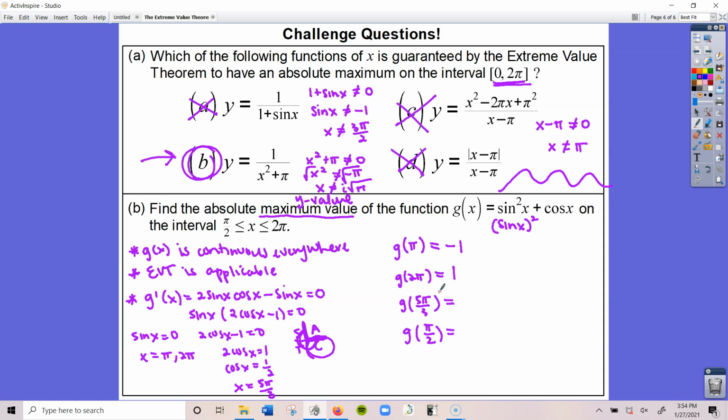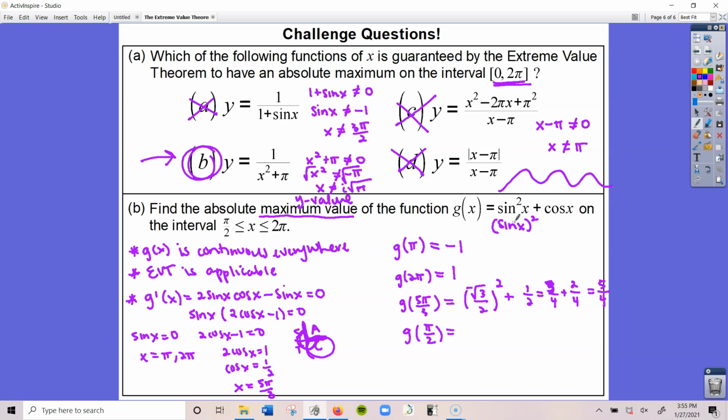Now sine of 5 pi over 3 is the negative square root of 3 over 2, which we're going to square, plus the cosine of 5 pi over 3, which is 1/2. When we square this number, that gives us a positive 3 over 4, plus 1/2, which is 2 over 4, giving me an answer of 5 over 4.